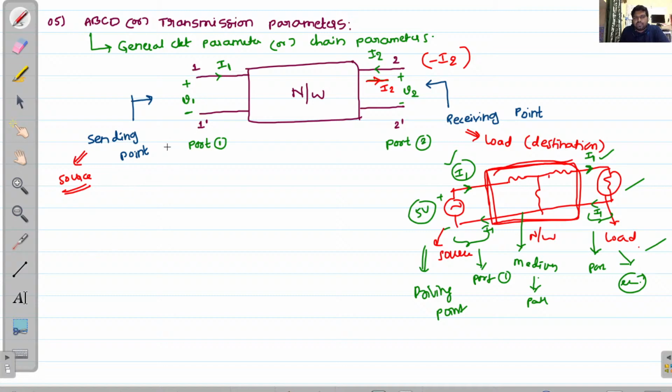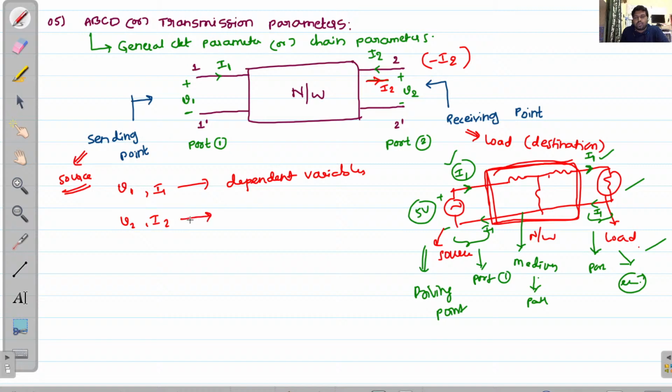So if you start the energy distribution from port 1, so that we can consider V1 comma I1. These two are dependent variables, and V2 comma I2, we are collecting the energy at port 2.